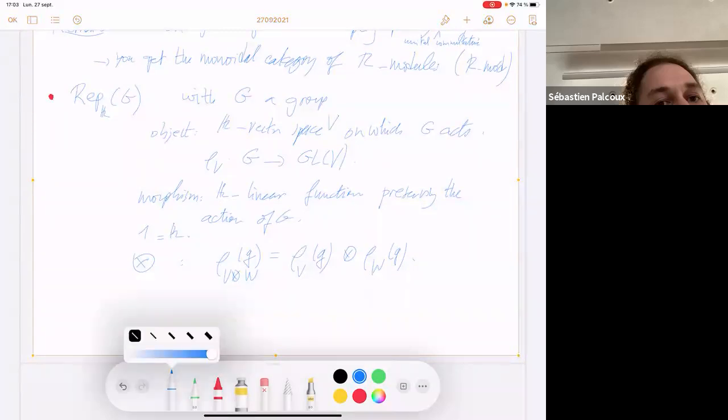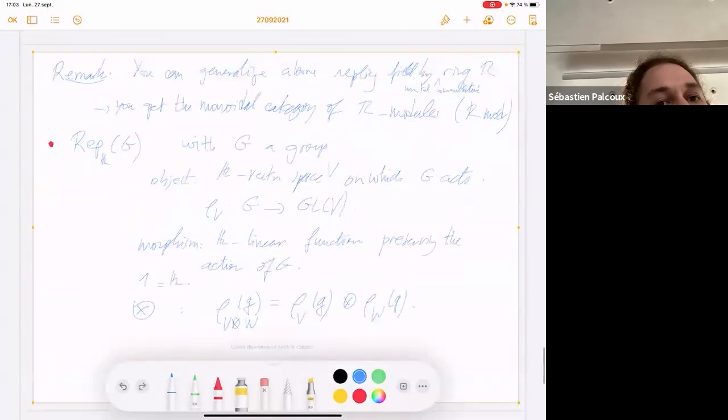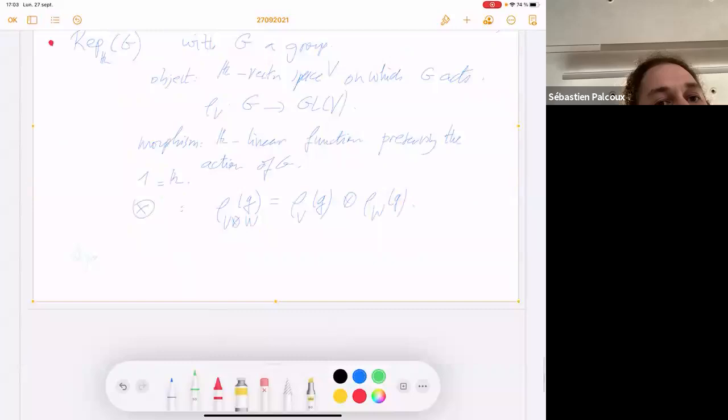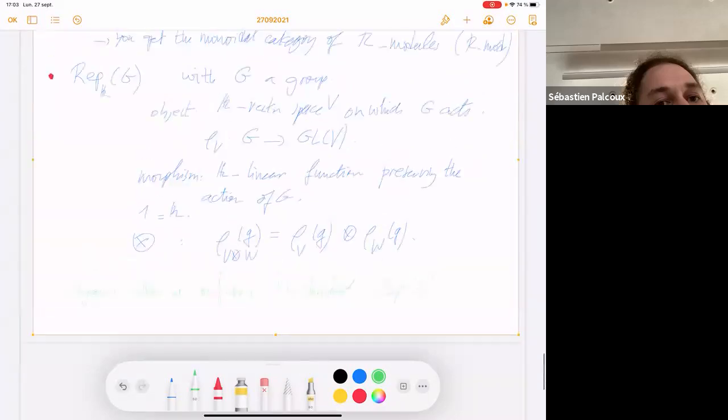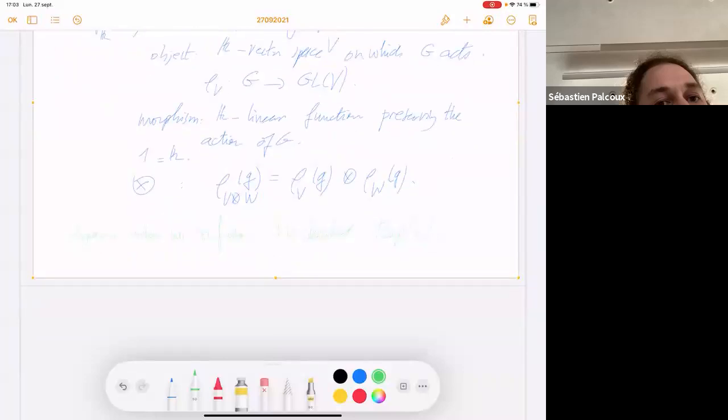And again, I will finish with that: when no confusion, it is denoted rep G without K. Okay, so we will stop here. I have no time to explain.